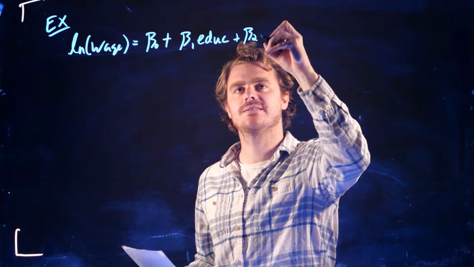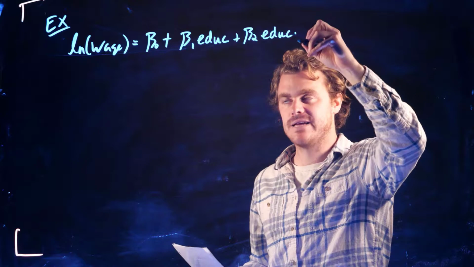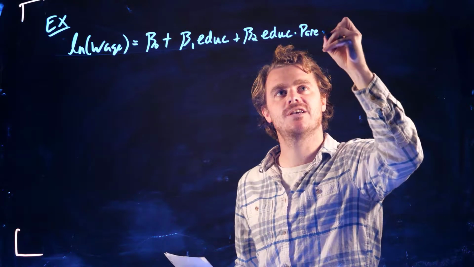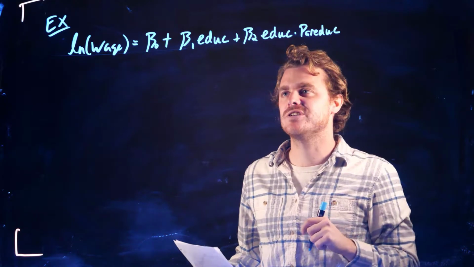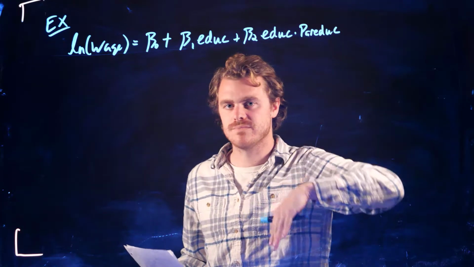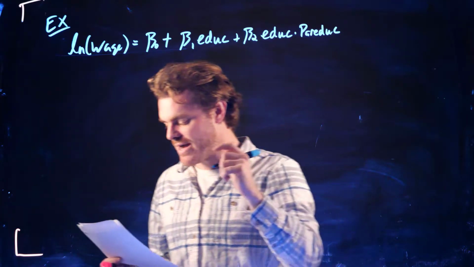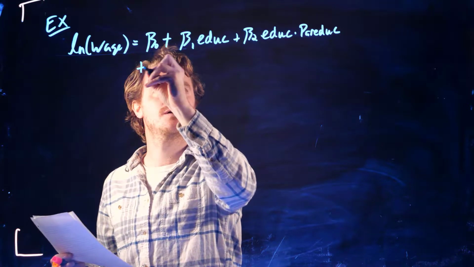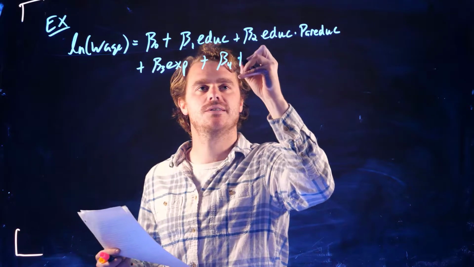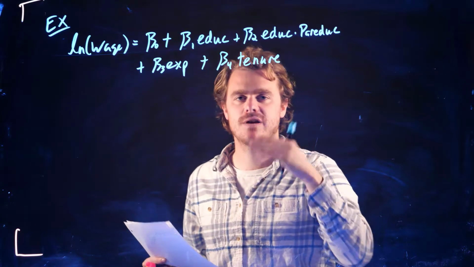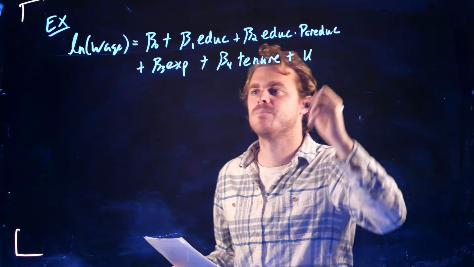Then we have this interaction of years of education with parents' education. So this is years of education for the person, and this is their parents' education. We also might think experience affects your wages, and let's say tenure as well: the number of years you are working at your current company or job.